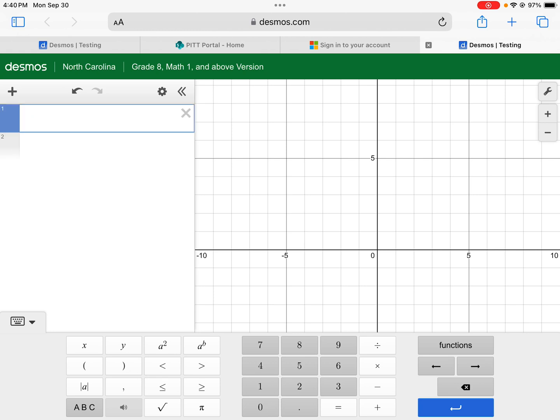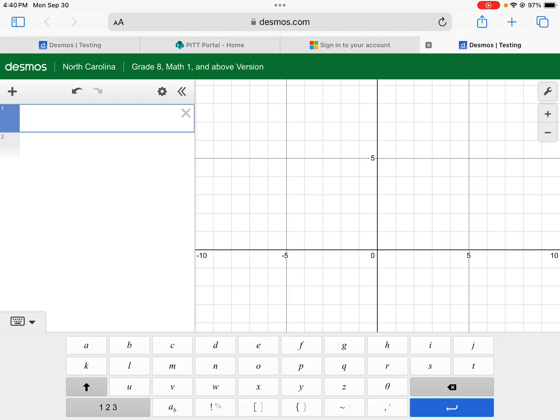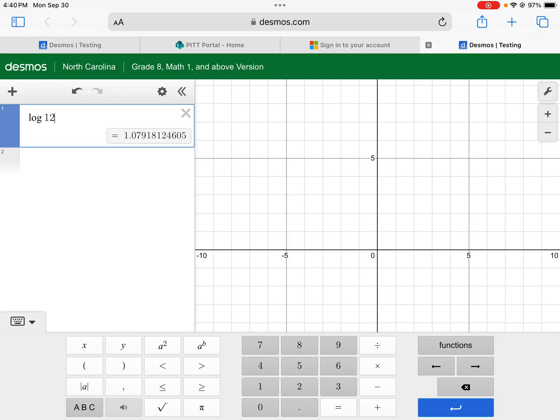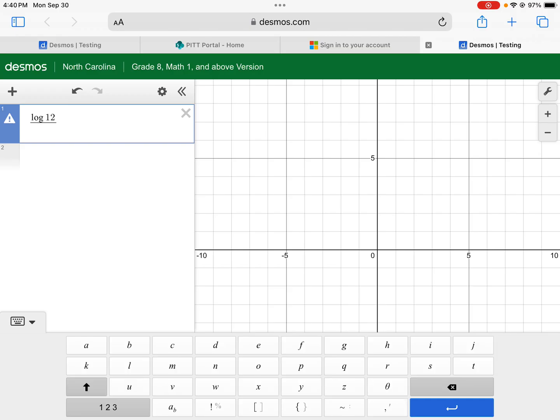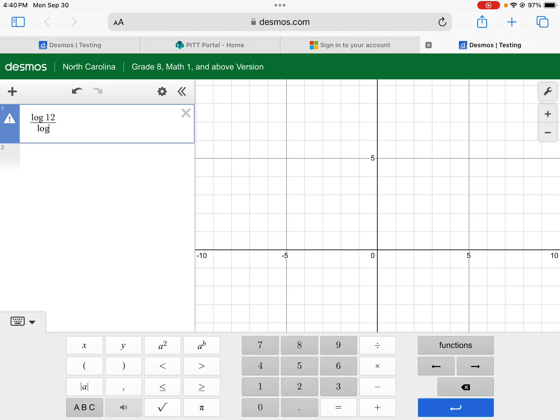But since we're just doing regular base 10 log, then we can simply type in log of 12 divided by log of 4.